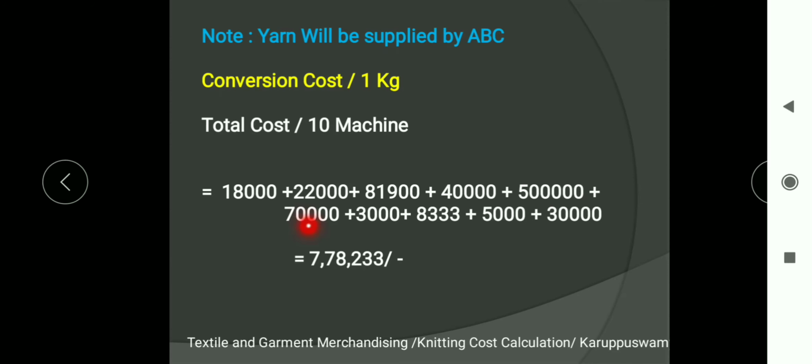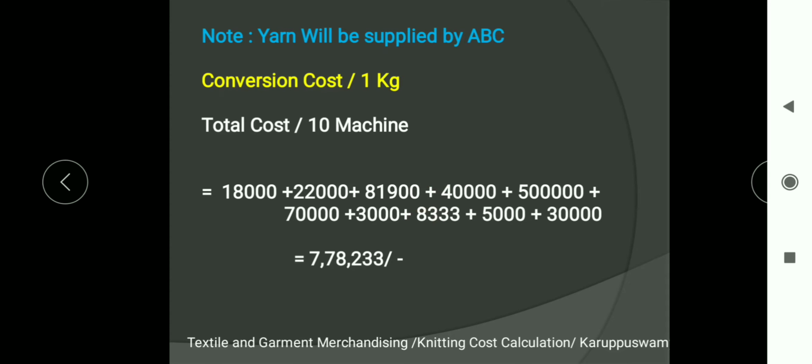And then 70,000 rupees is your interest to the bank. And then 3,000 rupees is for insurance, that is your machine insurance, building insurance, and then your staff insurance. So all included, 3,000 rupees. And then maintenance cost per month.